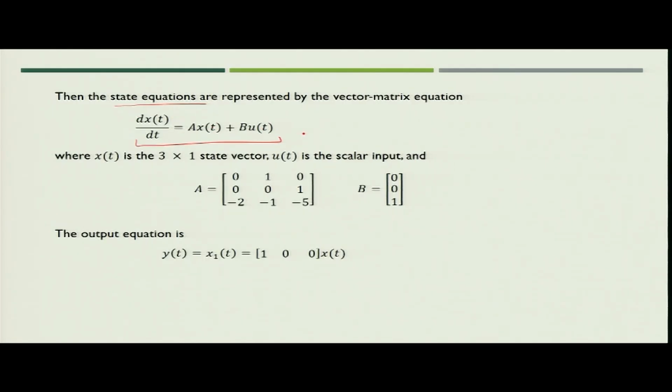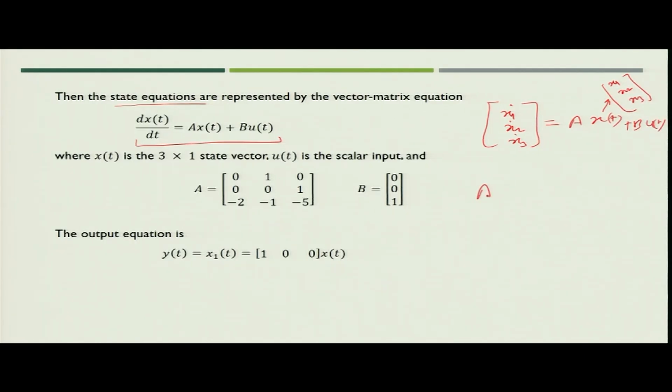So, dx by dt in this case is x1 dot, x2 dot and x3 dot, equal to A into x(t), where x(t) is x1, x2 and x3, then plus B u(t).